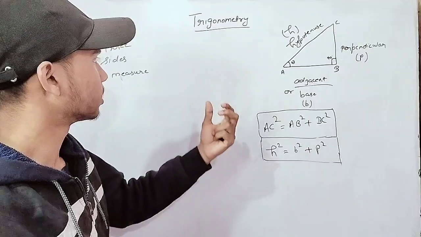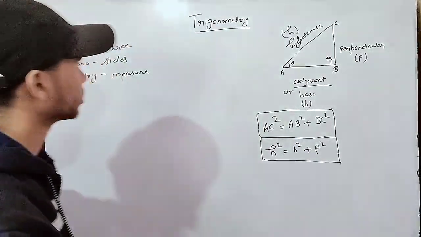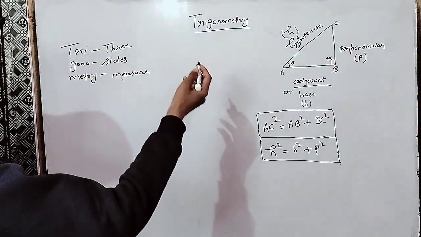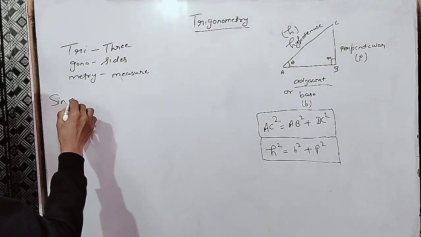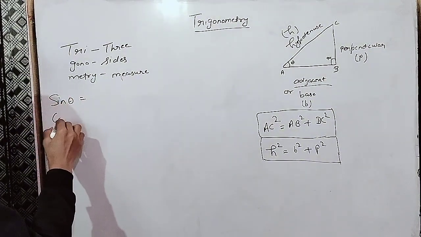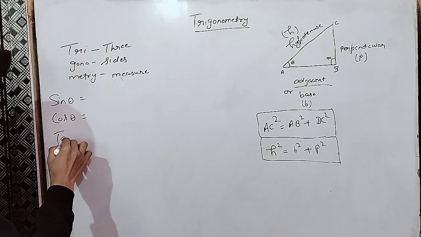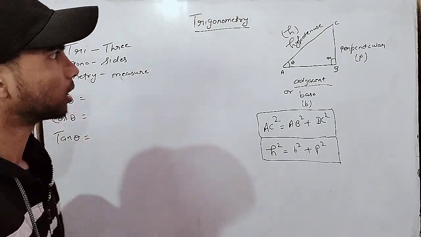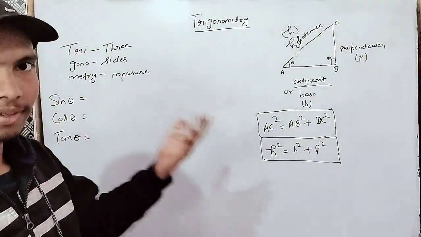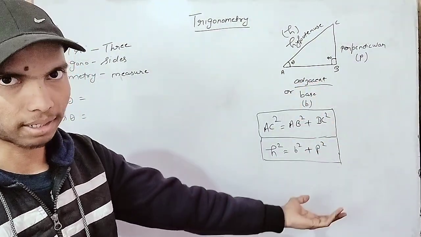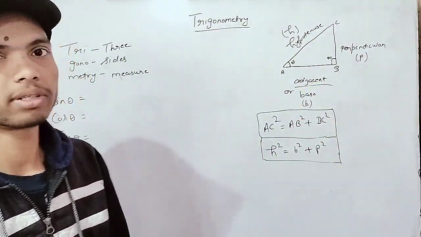After this, we are moving to trigonometry: sine theta, cos theta, and tan theta. Here you have to remember what sine theta means in the context of this triangle and the Pythagoras theorem.